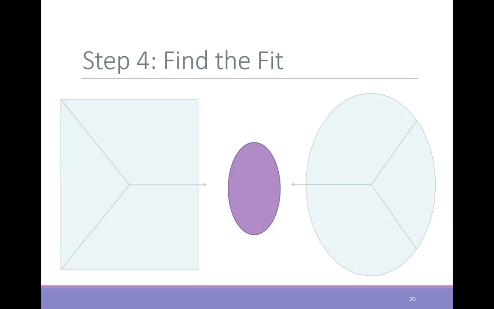We are now at step 4, which is all about finding the fit between what the target market really cares about and what the network offers. This is key to successfully identifying specific revenue generating services. This step helps the network think through the specific pain relievers and gain creators for each of the network selected projects or services. This is the work of finding the fit between what the network is able to deliver and what the members value.